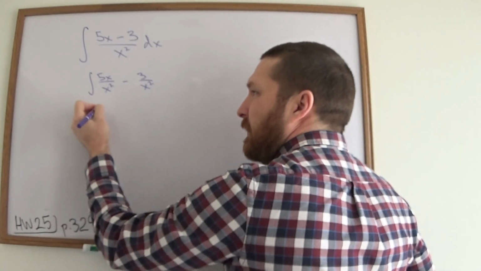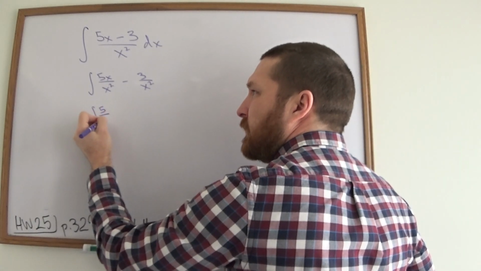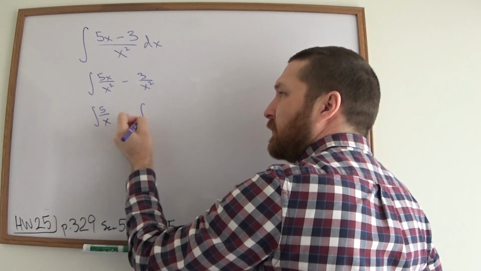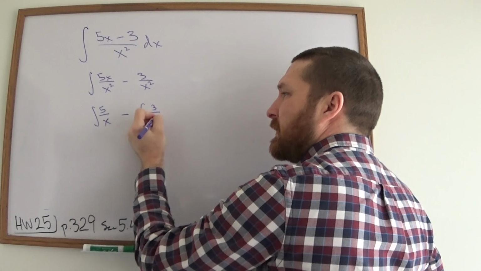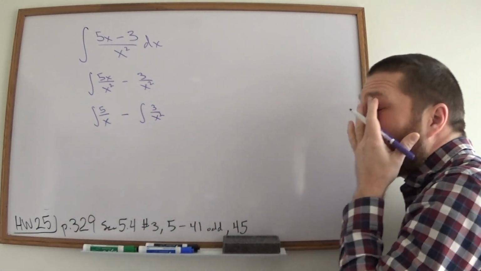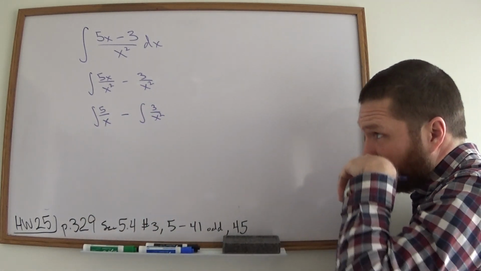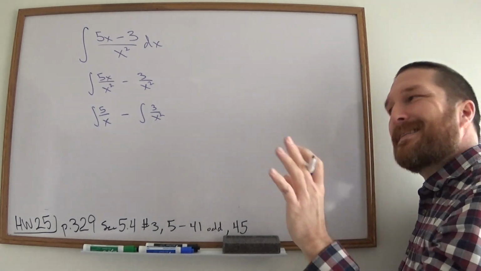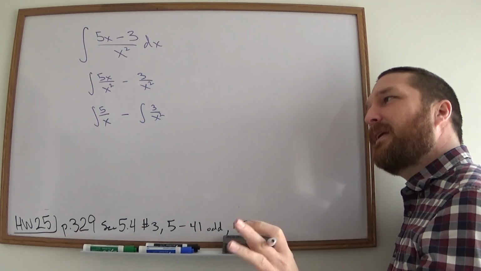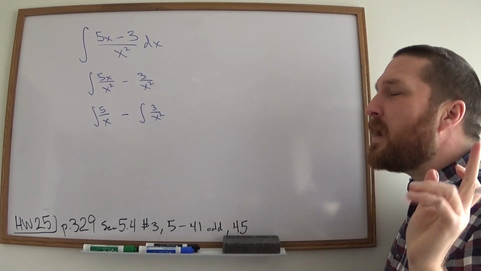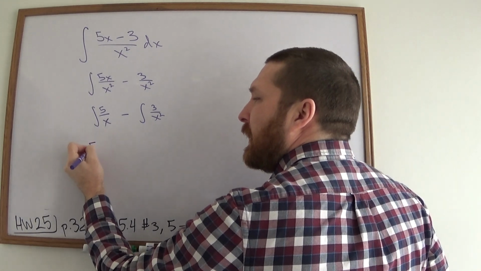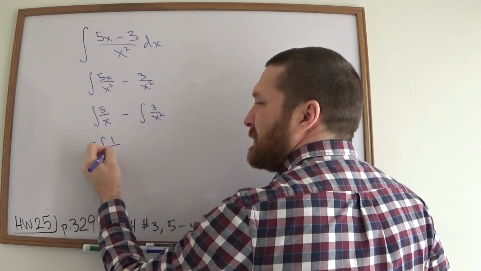Okay, so I'm going to go ahead and write that as the integral of 5 over x minus the integral of 3 over x squared. Are there other things we could do to make life easier? We can make 5 over x into x to the negative 1 times 5. It's just 1 over x times 5. Or how about, I'm going to pull it out this way. This is how I like to do it.